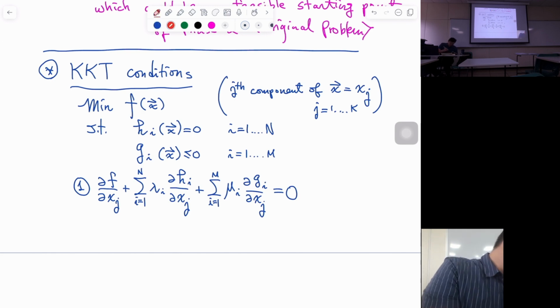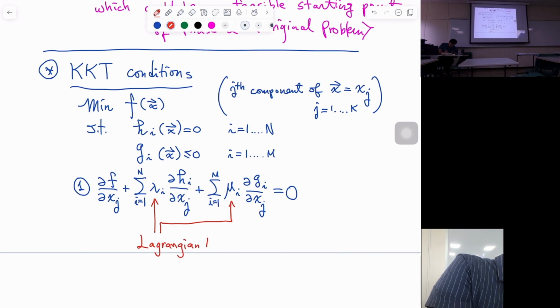So what is lambda and mu? They are so-called the Lagrangian multipliers. Okay, this equation sometimes is called the Lagrangian.